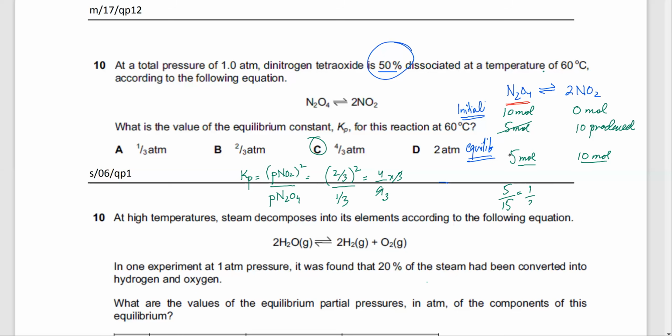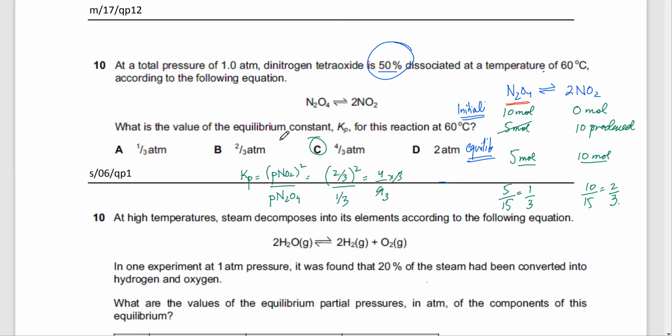This is still equal to 1 by 3. And mole fraction of NO2 would be 10 divided by the total, which is 15, which comes out to be 2 by 3. So you're getting the same mole fraction, and so the end result is that your expression is going to come out to be the same.